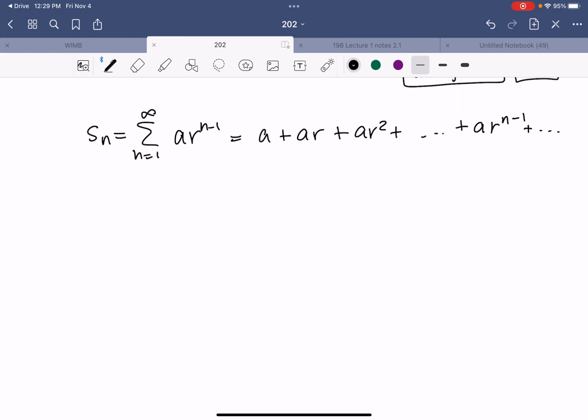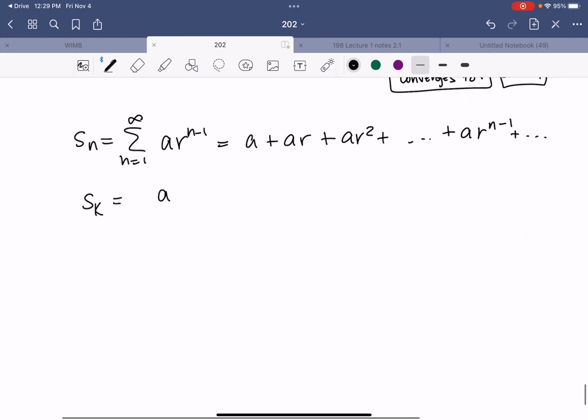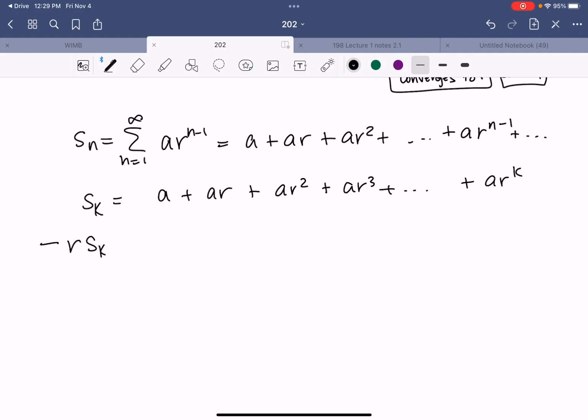Okay, so then my sk is going to be a plus ar plus ar squared plus ar cubed all the way out to ar to the k. And I'm going to do the same thing here. So I'm going to subtract r times sk.